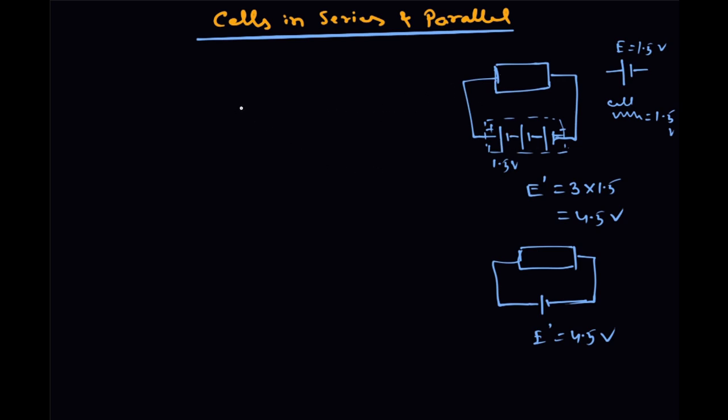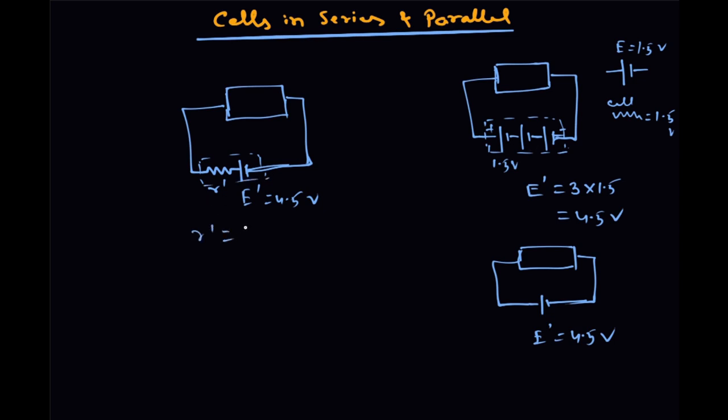And if there is the internal resistance, this circuit can be replaced by this internal resistance, and this is the combined EMF, that is E dash equal to 4.5 volt, and this is the internal resistance of this battery.